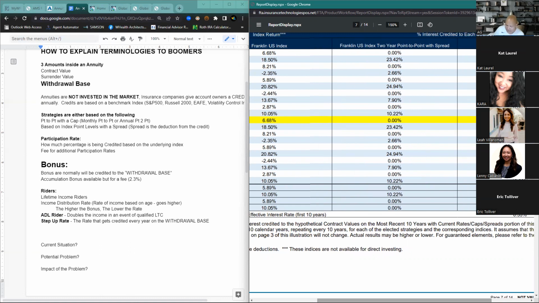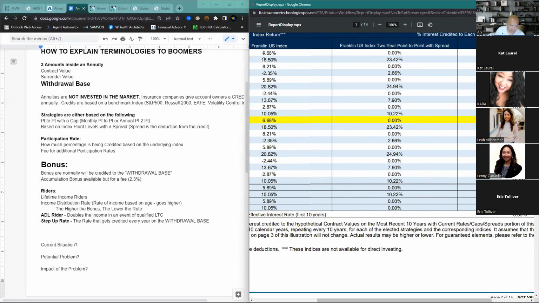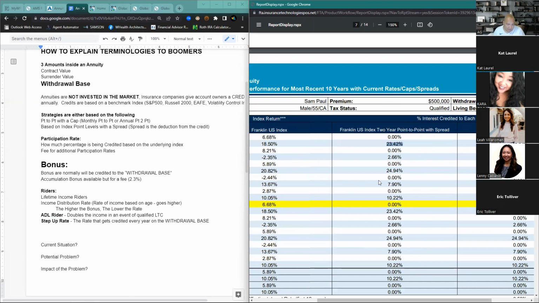See, 6.68% on year one, because they only get credited every 2 years. 6.68 year one plus 18.5% year two. This is 25.18%, but they're getting credited 23.42. So that means the spread is 1.76. So there's a 1.76 spread here every 2 years.